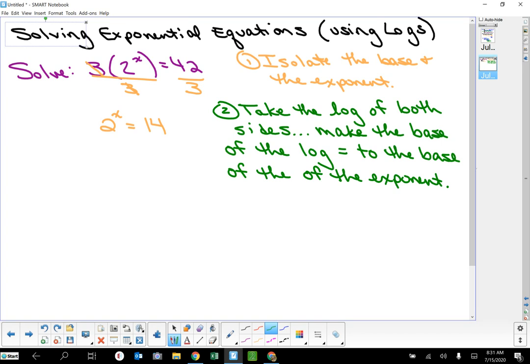The base of our exponent here is 2. So I'm going to go log base 2 of 2 to the x equals log base 2 of 14.